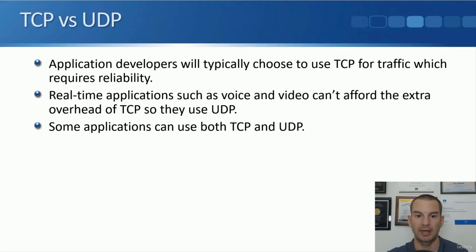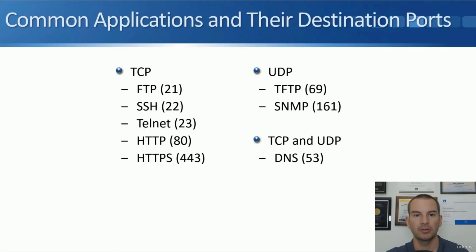You'll see an example on the next slide. Here we're going to look at some of the common applications and their destination ports. For applications that use TCP, we've got FTP, the File Transfer Protocol, that uses port 21. Secure Shell is on port 22. Telnet is port 23. HTTP web traffic is on port 80, and HTTPS encrypted web traffic is on port 443.